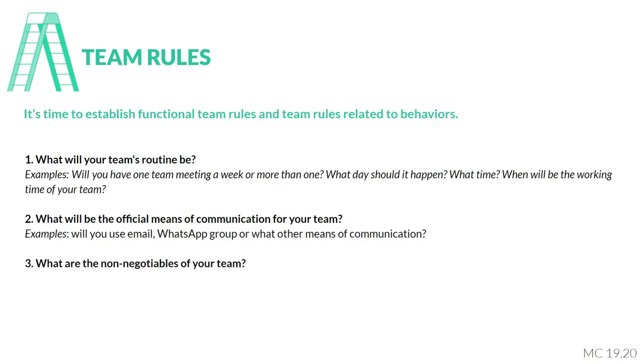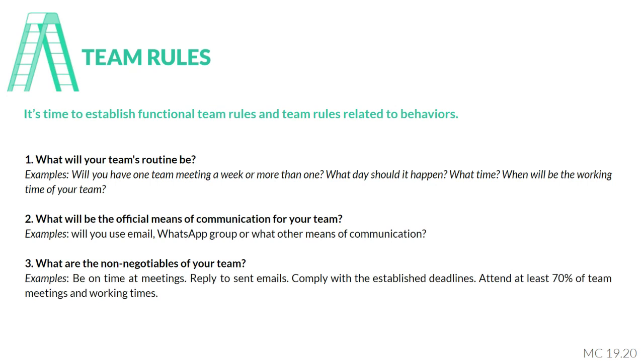Okay. And also, something that is super important is to have established among yourselves non-negotiables for your team. And what is this? This is related to behaviors. For example, being on time at meetings is a behavior that will be a non-negotiable for you and your team. Or replying to sent emails even when it's not an email that requires a reply, but it's just a piece of information.